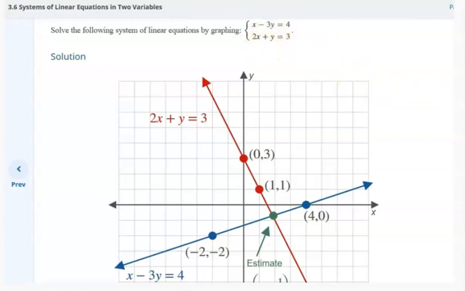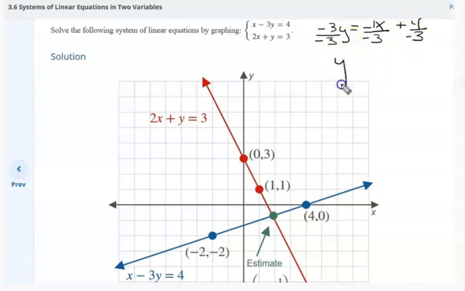Now, often when they ask you to graph something like this using our software, they will ask you to solve for the letter y. And here it would be a negative 3y equals a negative x plus 4. Divide everything by a negative 3, keeping in mind there's a 1 there.